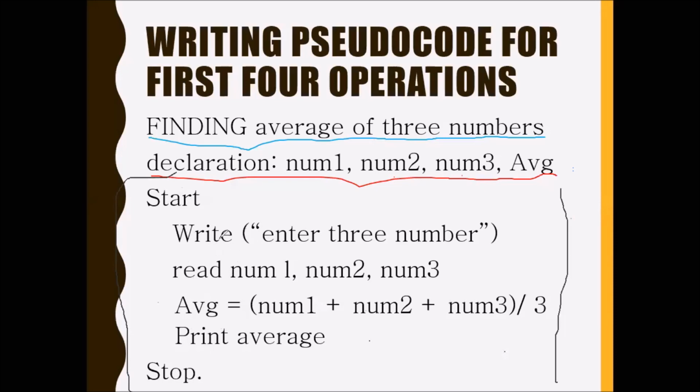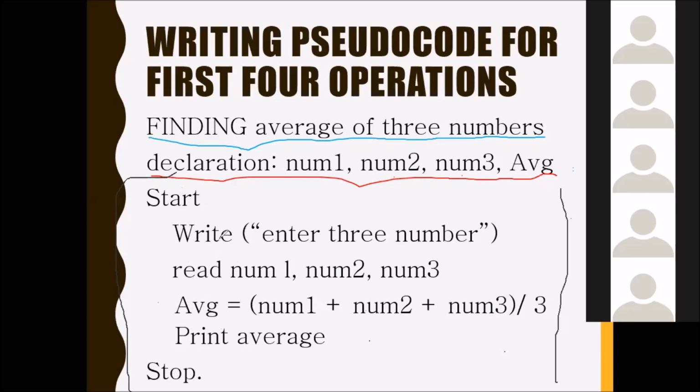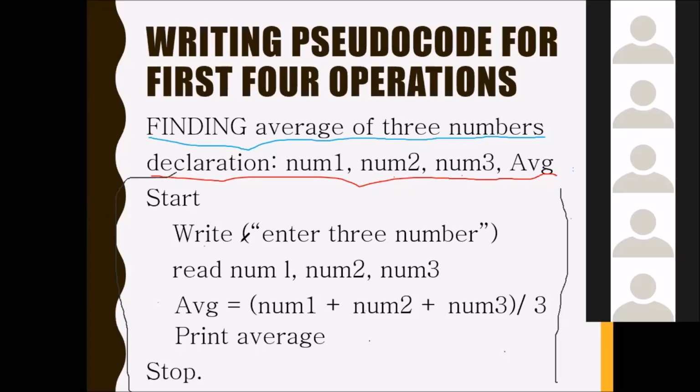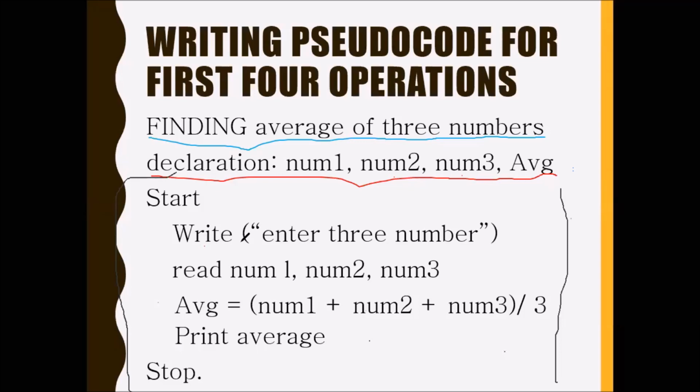You could use the word print, output, or display. However, because we're going to transition into Pascal and Pascal only uses write, we're going to stick to write in the algorithm so that the transition can be easier. However, you can use display, print, output along with write. Any of those 4 terms and it will be correct.